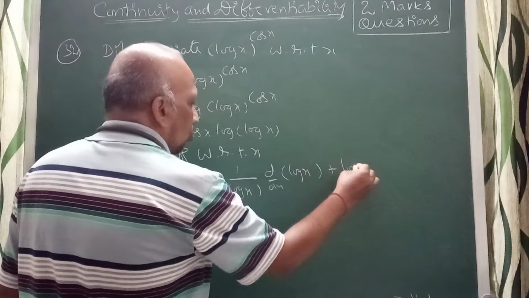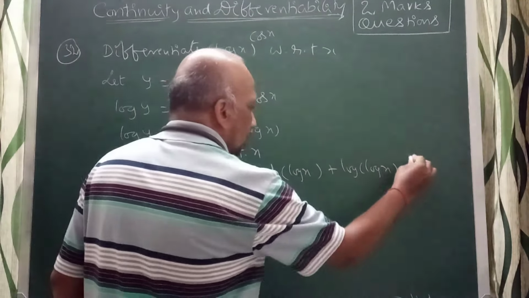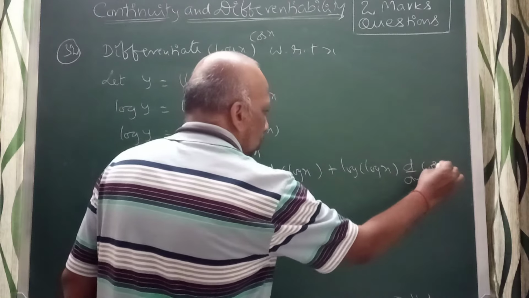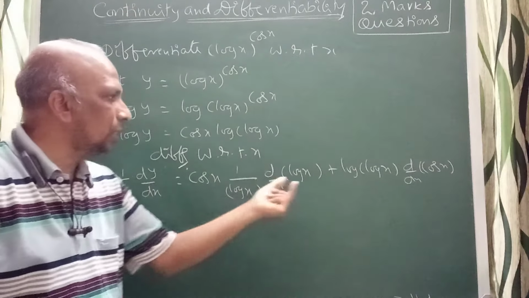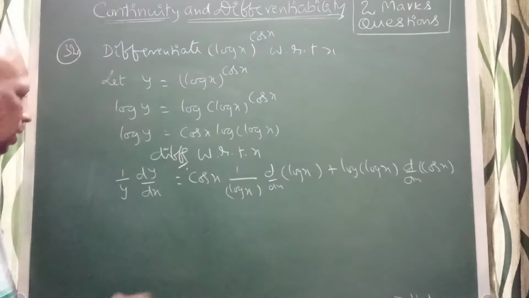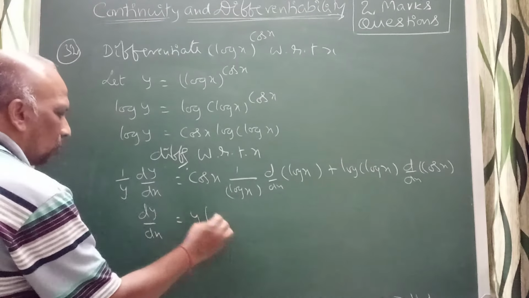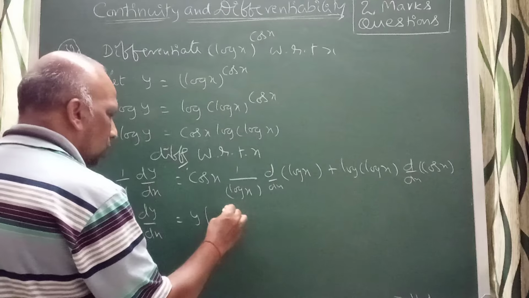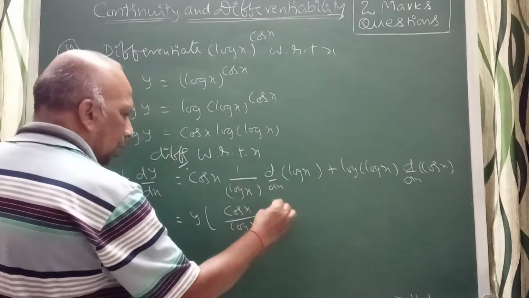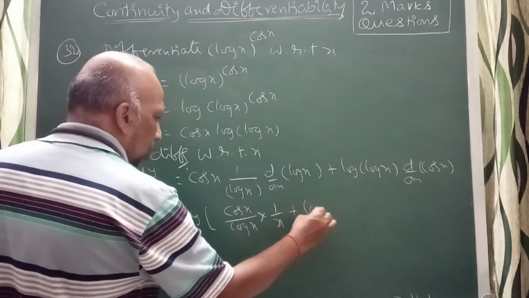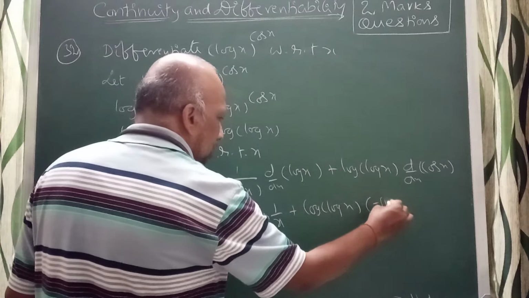Plus log of log x, into derivative of cos x. I will repeat, this is product rule: first into derivative of second plus second into derivative of first. Now you can write dy by dx is y into cos x by log x, derivative of log x 1 by x, plus log of log x, derivative of cos x, minus sin x.